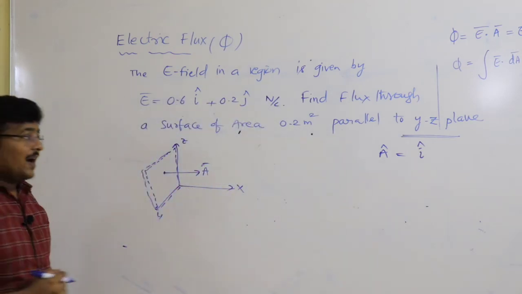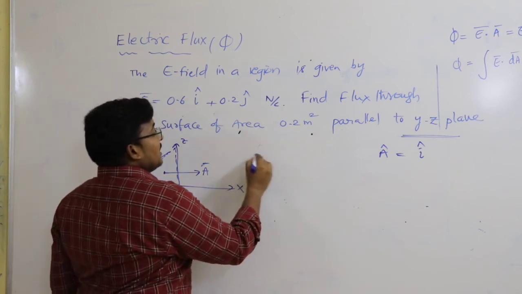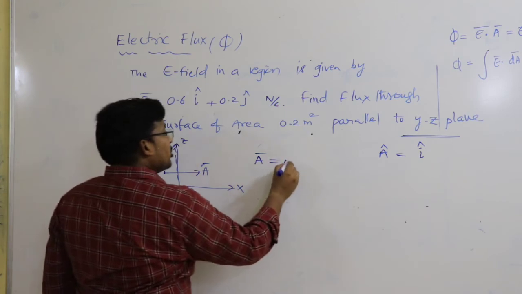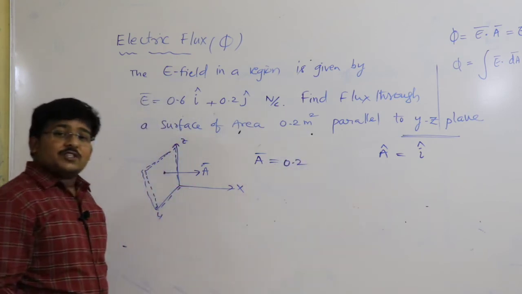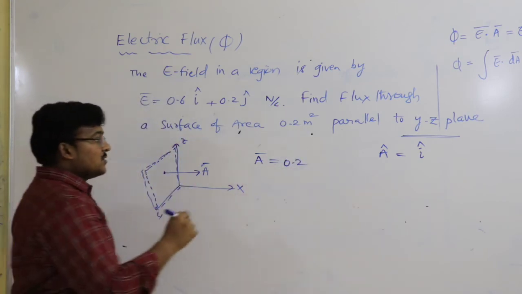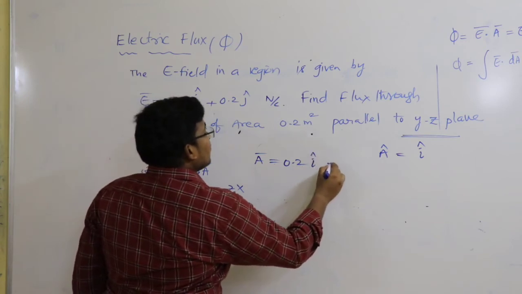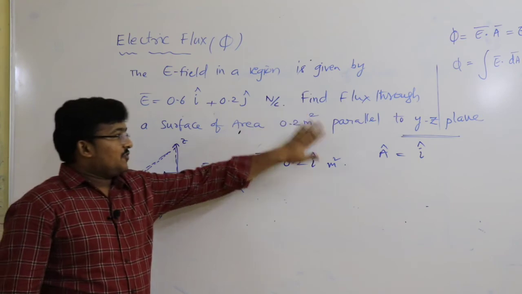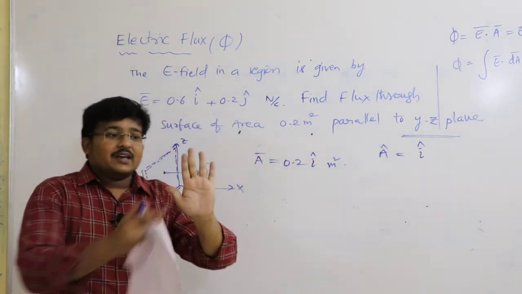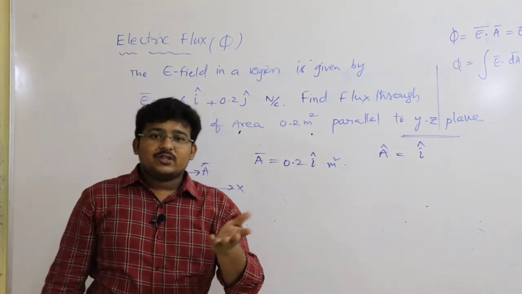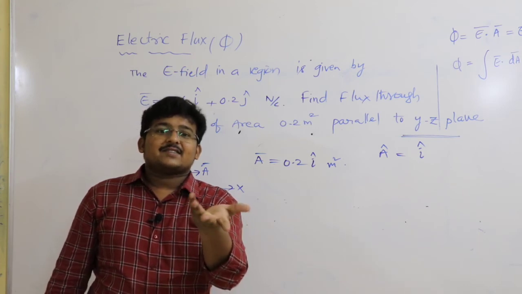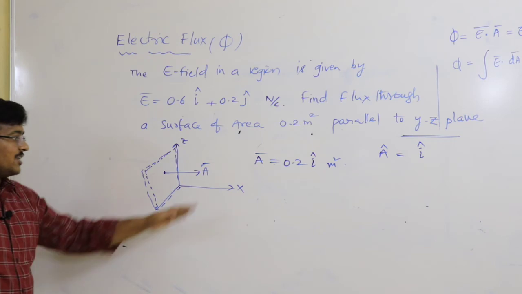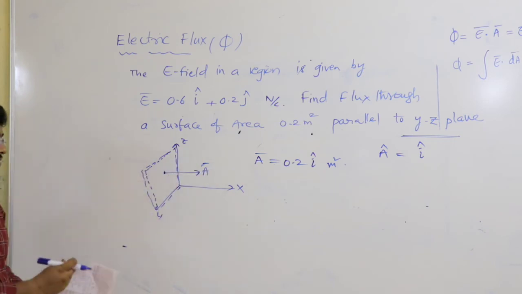So here I can take A bar as the area vector, and what is the area? 0.2, in the direction of X axis, so 0.2 I cap meter square. Understand? You know that for the YZ plane, the X axis is perpendicular. X, Y, Z are mutually perpendicular, so the area vector is along the X axis.